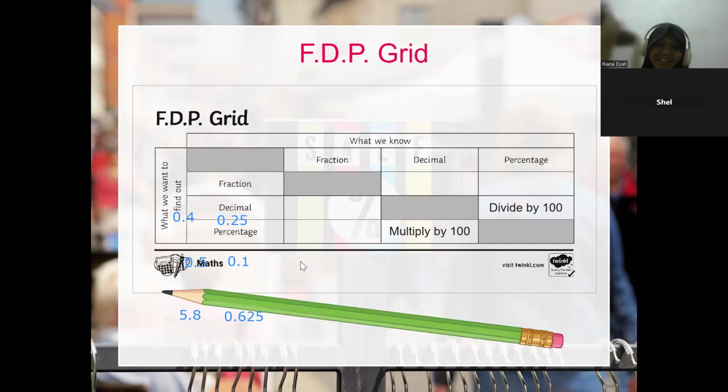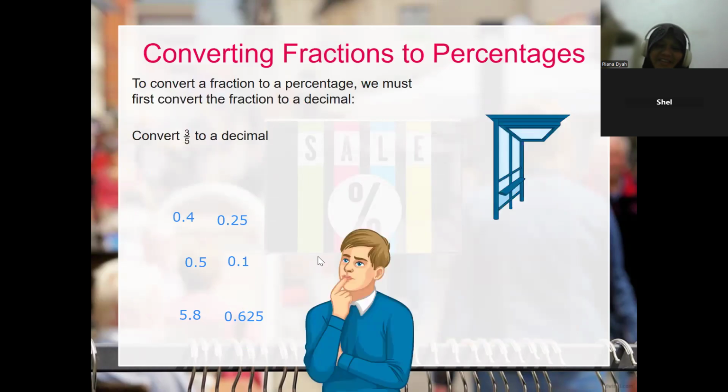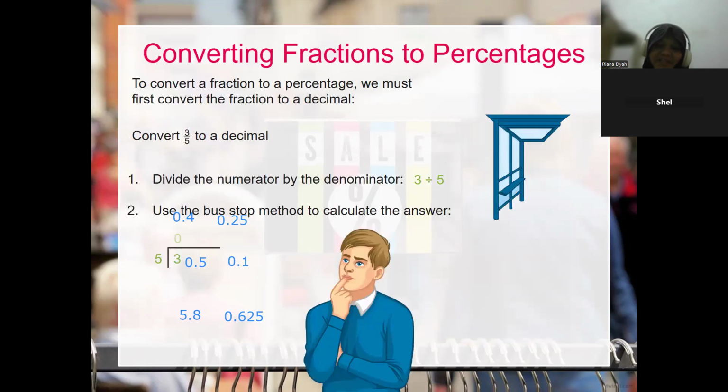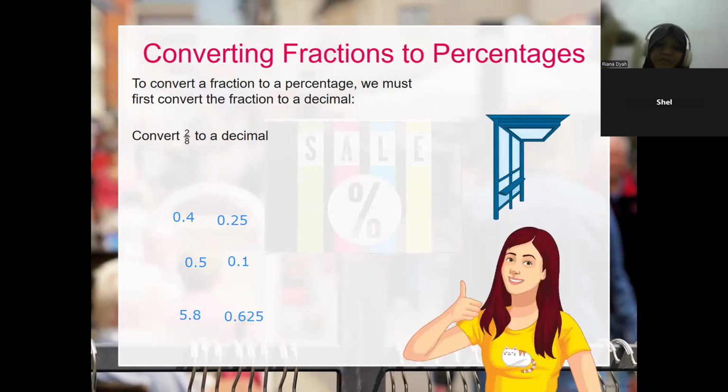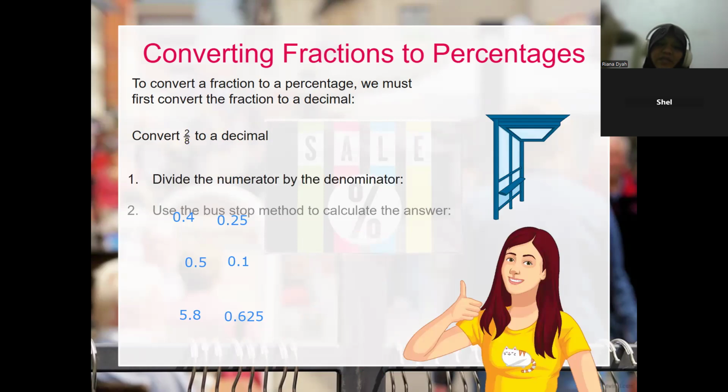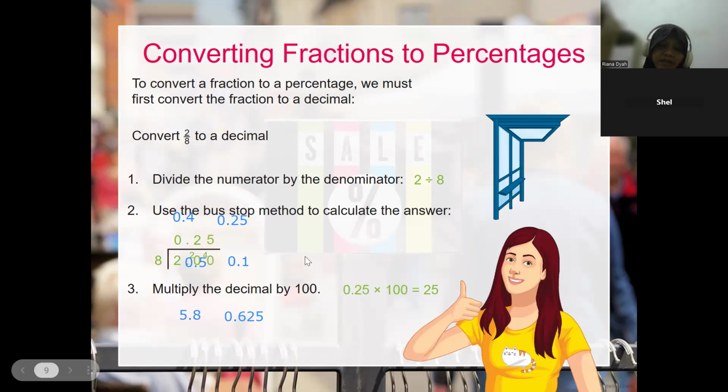All right, so now, this is fraction to decimal already. Now decimal to percent, just times it by 100. So first, you need to divide the numerator by the denominator, which is going to be 2 divided by 8.